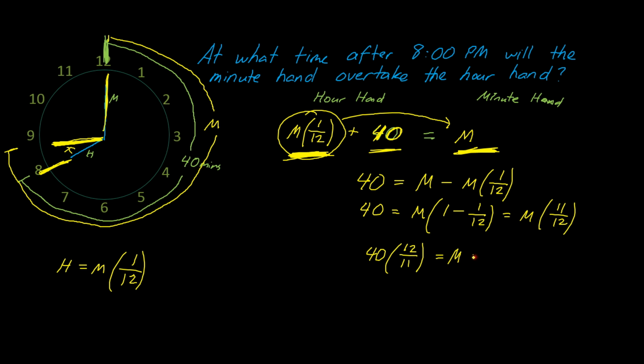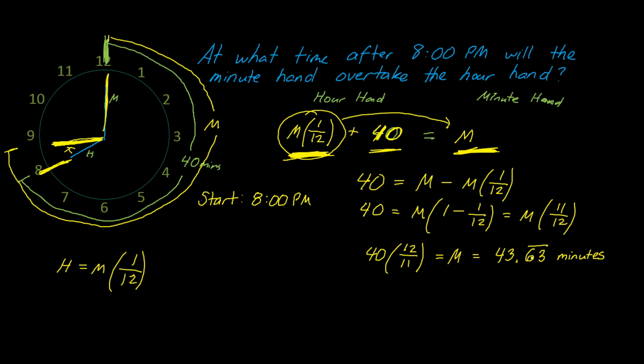That will give us the number of minutes after 8 o'clock. So we start with 8 o'clock, and then m minutes after, the hour hand and the minute hand will be conjunct. So that's 43.6363636363 minutes.